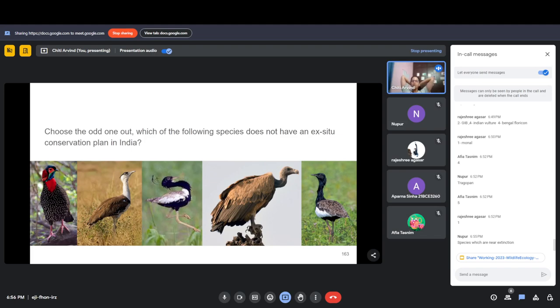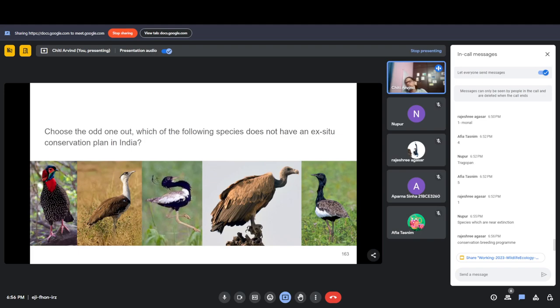So, why can't these species be taken care of in an ex situ conservation program? Why do you need to have a conservation program like a captive breeding program for these particular birds? Exactly. Why? What is the significance of this conservation breeding program or captive breeding program? Why is it necessary? Why can't they just have ex situ conservation programs?